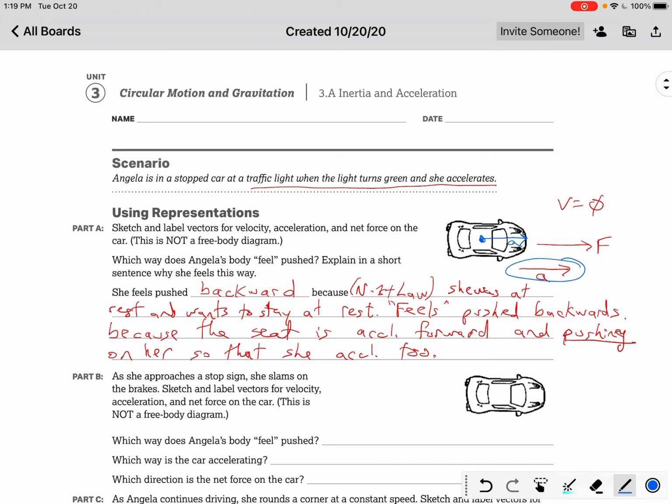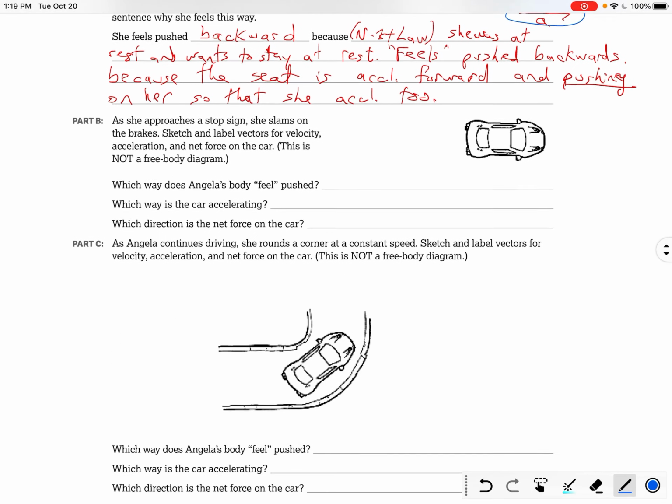So in her brain's sense, she doesn't understand why that force is being applied to her, why she feels like she's being pulled backwards. Okay, so we'll label that as a backward feeling. The backward feeling is in the opposite direction of acceleration.